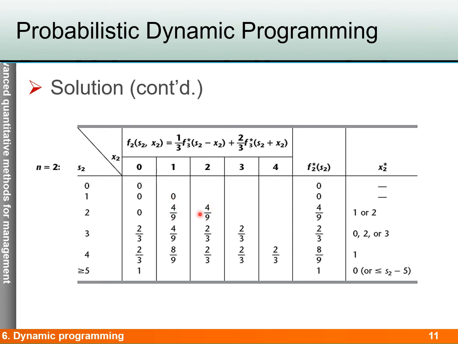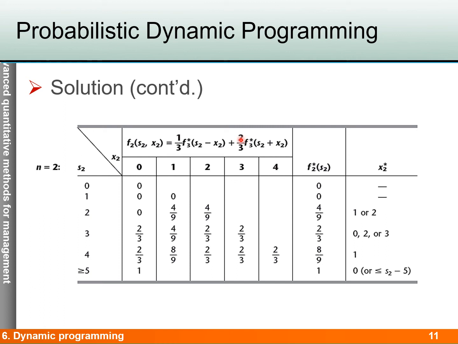Or this side, with the same reason, the first part is 0, and the second part is 2 divided by 3 multiplied by what? S2 is 2, X2 is 2, so it is 4. F star of 4 in the previous table is 2 divided by 3.